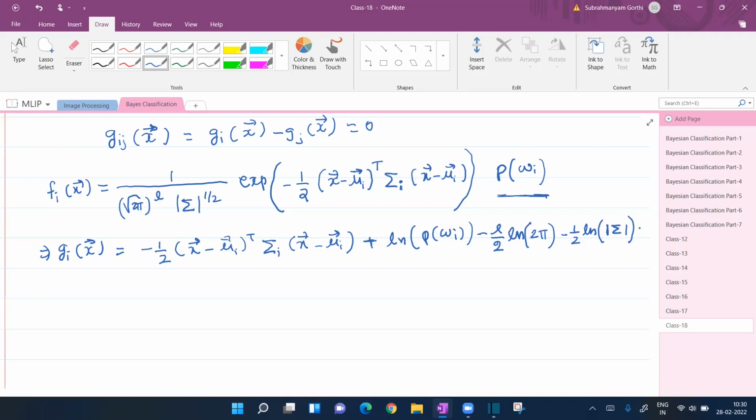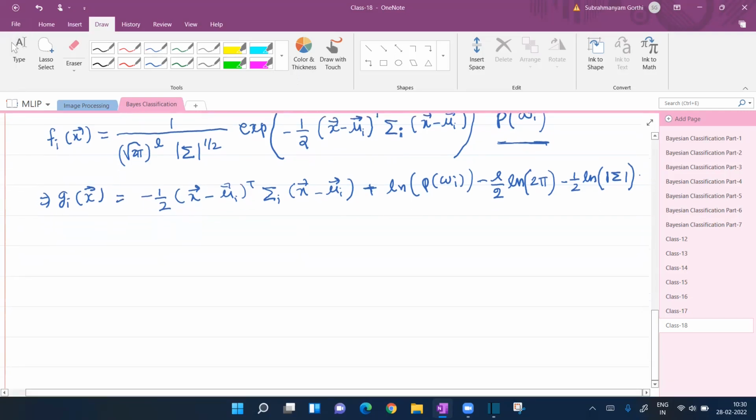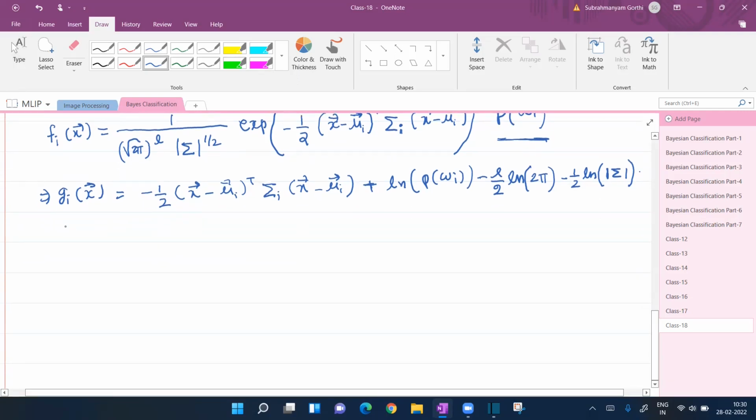Now, you do a similar thing for g j of x bar also. Just for your clarification, I would write that also here.